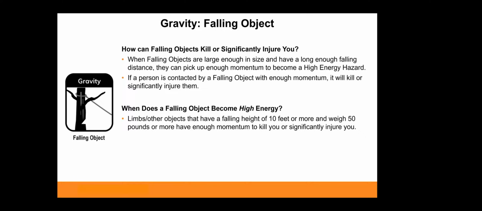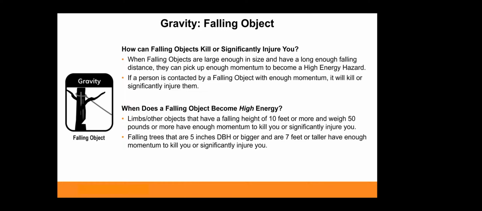Very large objects, such as a specialized piece of equipment on a loaded trailer or a large diameter lead, may not need to fall a full 10 feet to meet the high energy threshold. Falling trees that are 5 inches DBH or bigger and are 7 feet or taller also have enough momentum to kill you or significantly injure you.